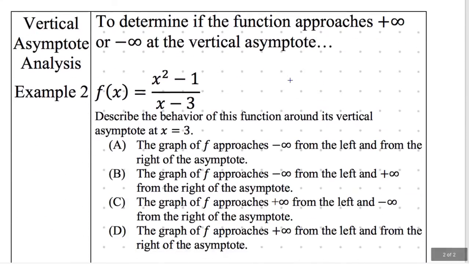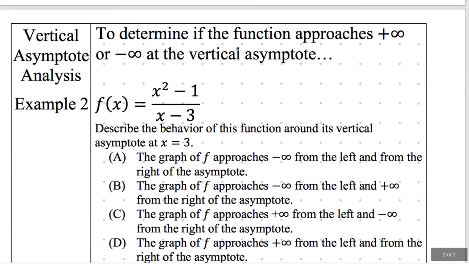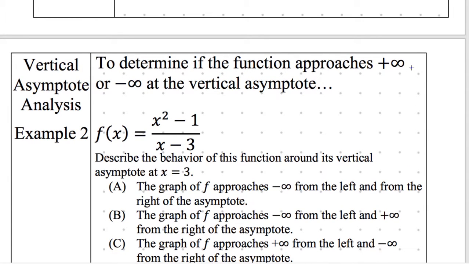In order to determine if you're approaching positive infinity or negative infinity at the vertical asymptote, by the way, positive infinity would look like this or like this. Negative infinity would look like this or like this. Go ahead and write those arrows. That's what positive infinity looks like. That's what negative infinity looks like.